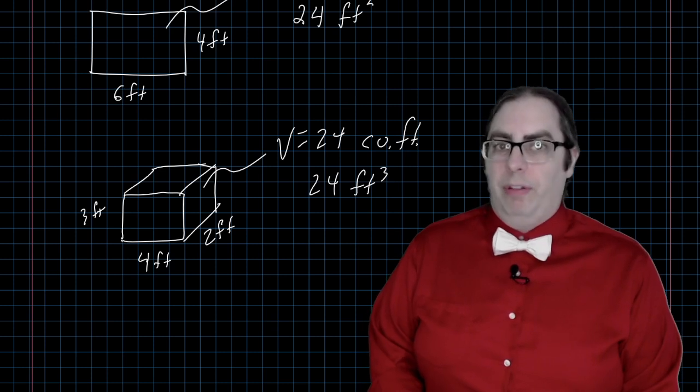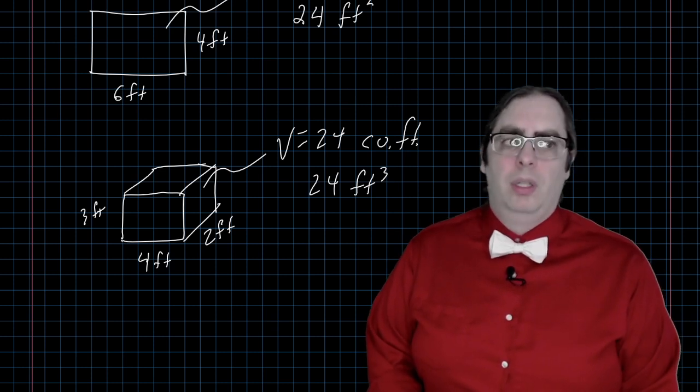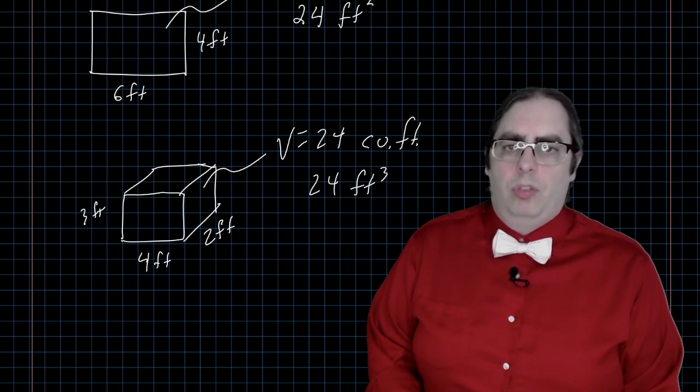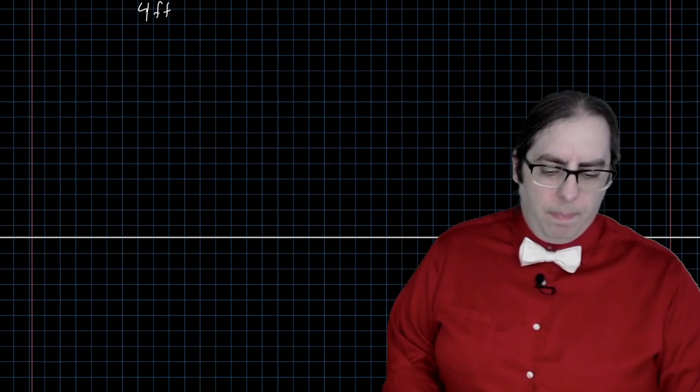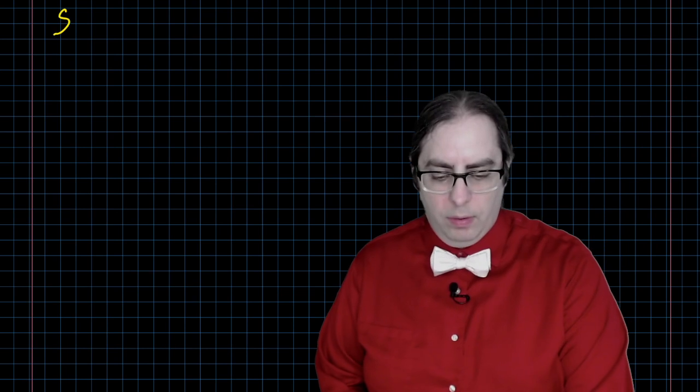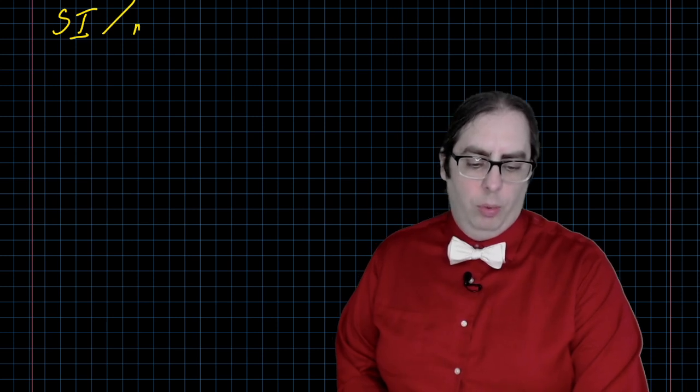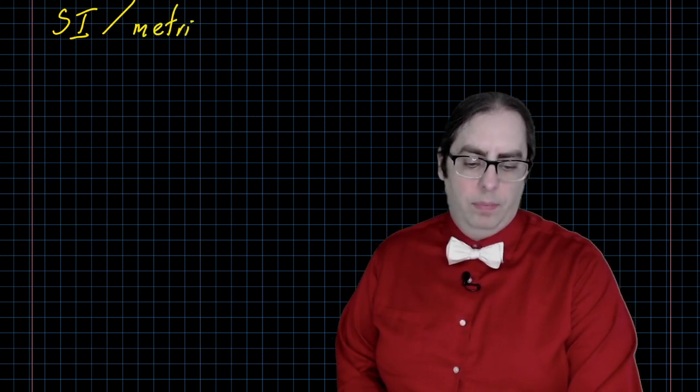There's a good 45 units of volume, which is just not that useful. And so the system of measure that we're going to spend the most time with is the SI system, which sometimes you'll see referred to as the metric system.